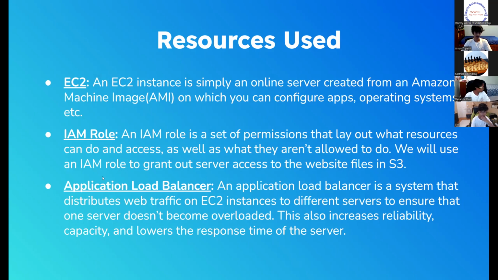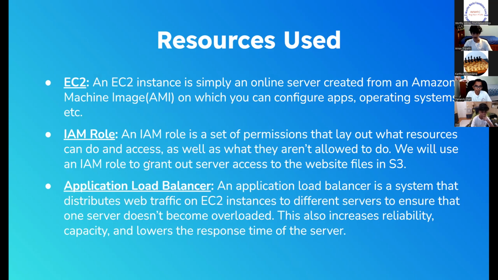An application load balancer. This is not something that we are personally going to be creating or using. It's just something integrated within AWS. An application load balancer is a system distributing traffic on your instance, and it distributes traffic over multiple servers if you have a high amount of traffic. So this is automatically integrated.